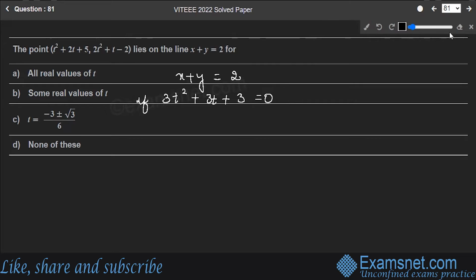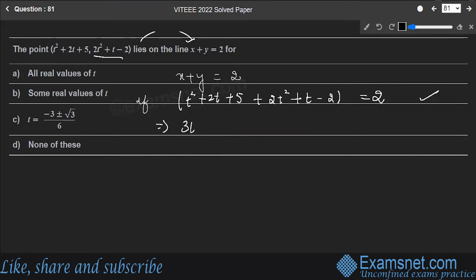See, I'm filling in the values. Wait, I'll re-explain this. Let's fill in the values for x and y. So t square plus 2t plus 5 plus 2t square plus t minus 2 is equal to 2. If this point is lying on this line, then this is true. That makes 3t square plus 3t plus 3 equal to 2. Right. So this can be written as 3t square plus 3t plus 1 is equal to 0.